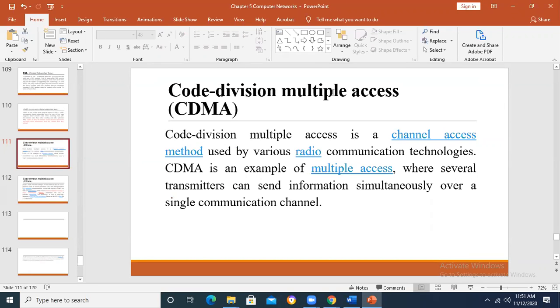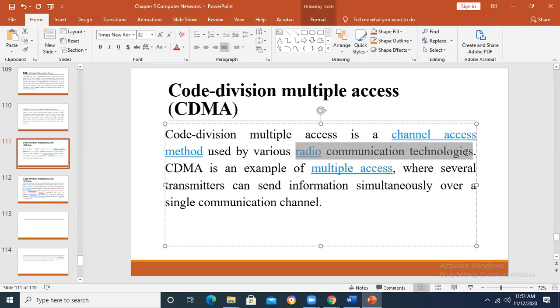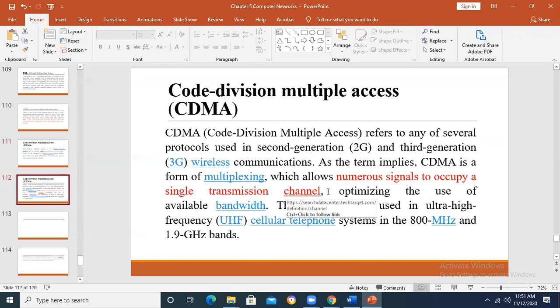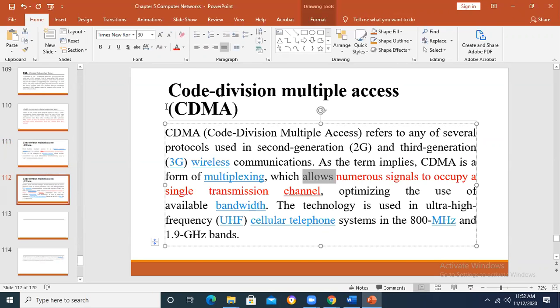So over here you can see: a channel access method by various radio communication technologies. Number one thing is that it is radio. This thing is very important. Then on the second page, we have mentioned it allows numerous signals to occupy a single transmission channel.